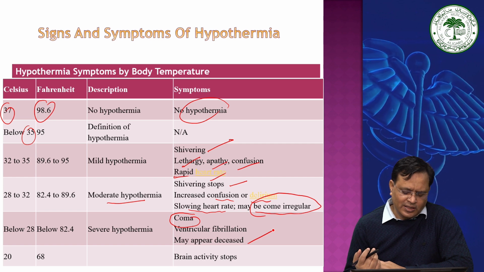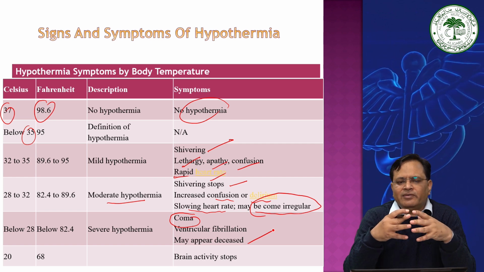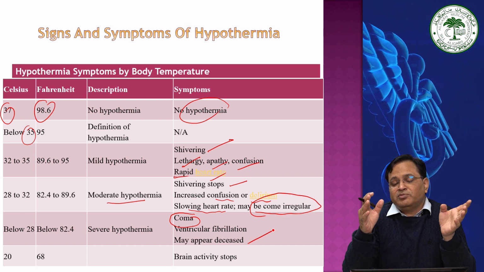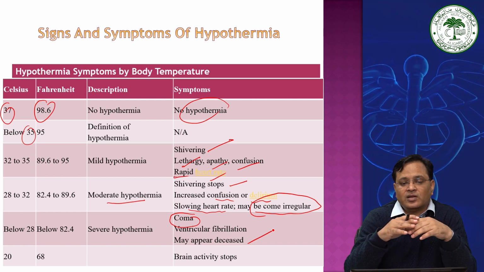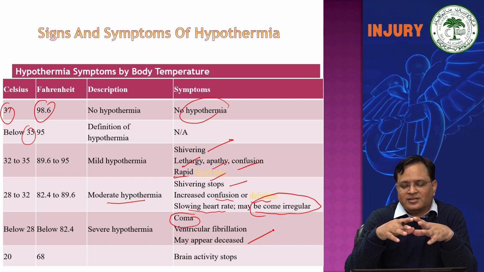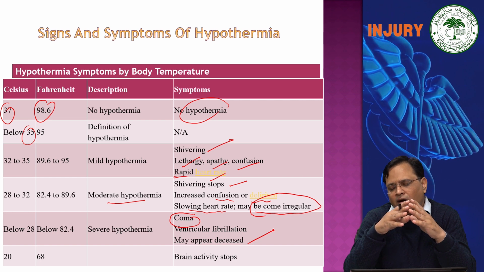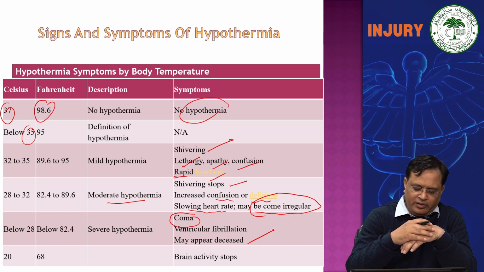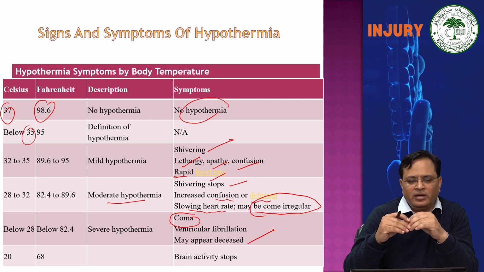At 20 degrees centigrade, brain activity stops. If brain activity has stopped, then the body's main heat regulation centers are also stopped. So the person may die beyond that, and it is a highly miraculous condition to revive from there.